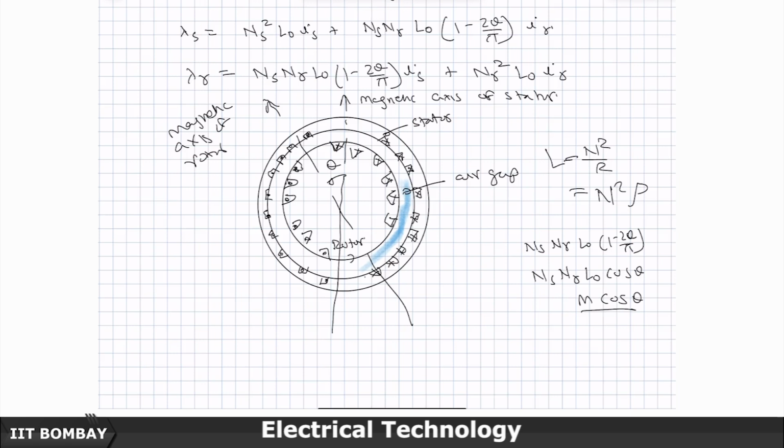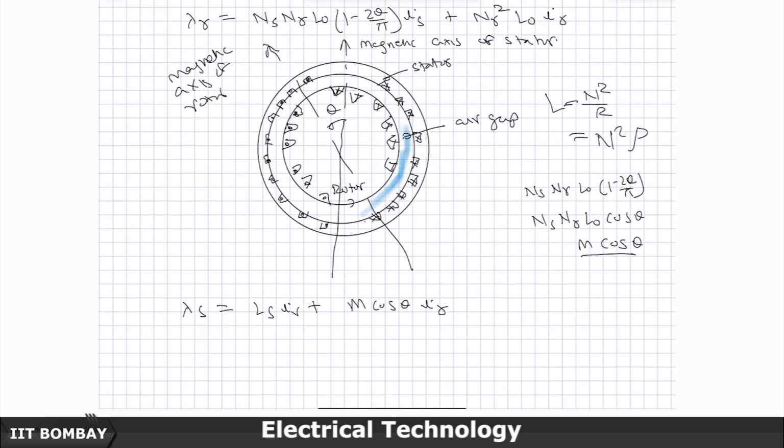As a consequence, the equation for the flux linking the stator winding would be given by L_S I_S plus L_SR of theta, the mutual inductance. I will directly write it as m cos theta times I_R.